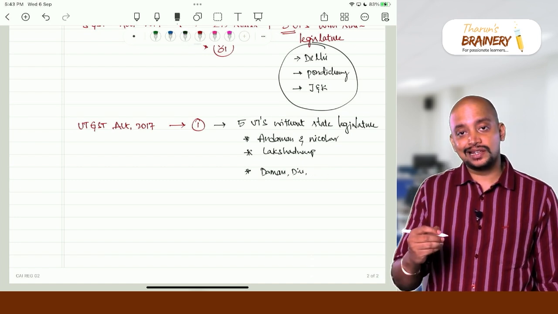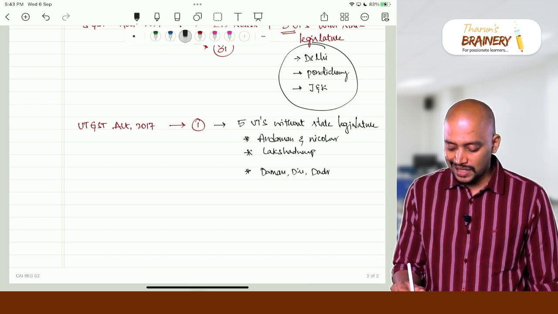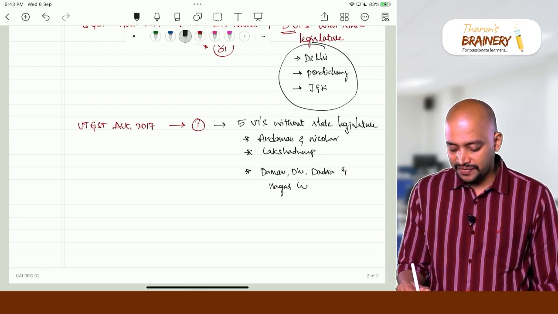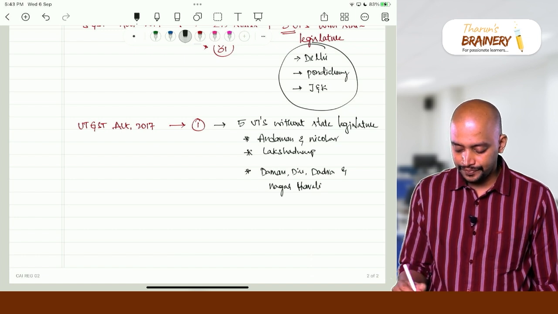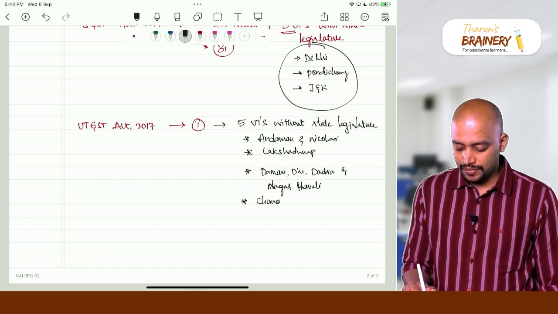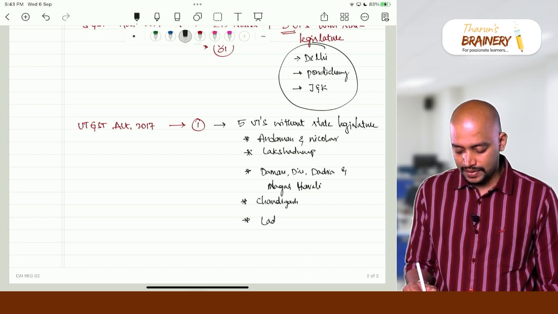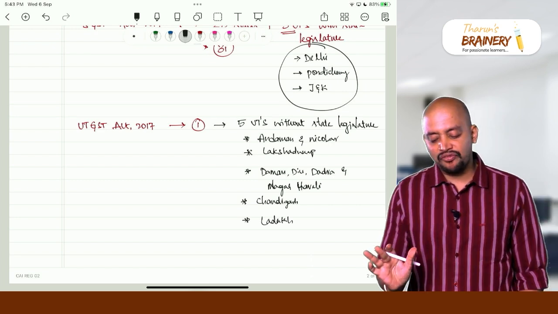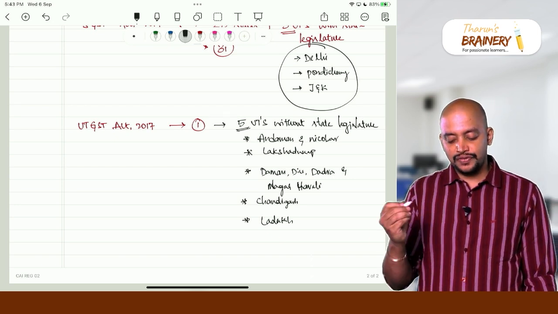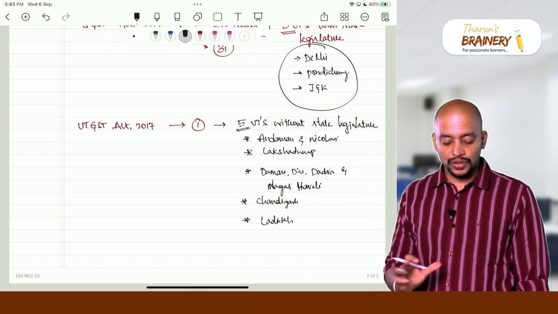Daman and Diu was separate, Dadra and Nagar Haveli was separate, but now it is Daman, Diu, Dadra and Nagar Haveli. Next we have Chandigarh, then Ladakh. So these are the 5 union territories without state legislature. For these, only one act, the UTGST Act, is applicable.